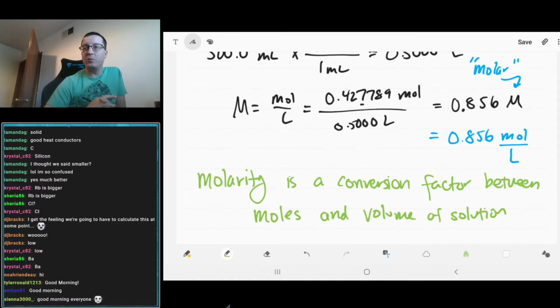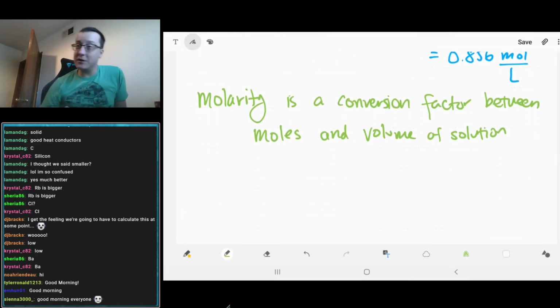That is what we are going to see here. It is a conversion factor. We love conversion factors. All we ever do in chemistry is unit conversion, it seems. So this is now an additional conversion factor we're going to have.